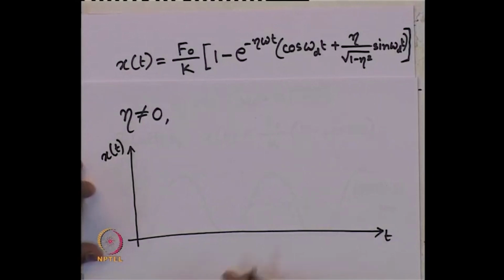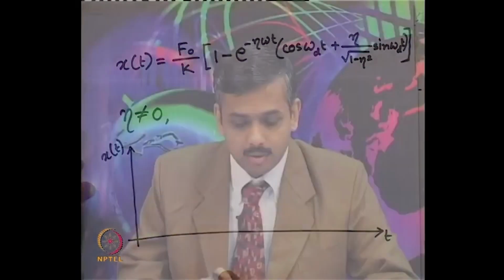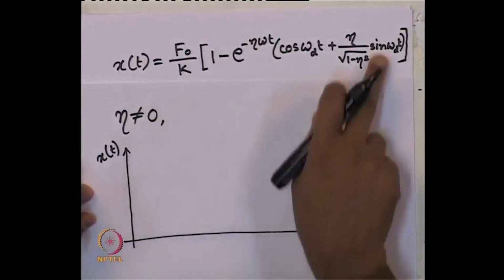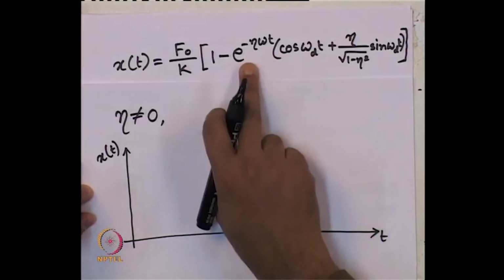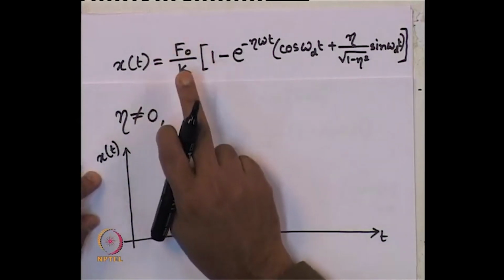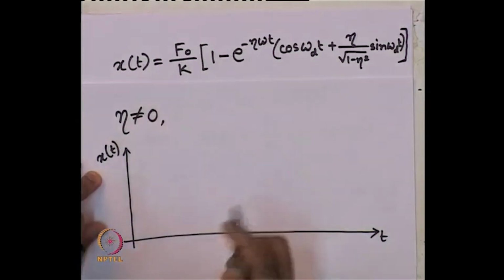We have seen from the previous solution, it oscillates about the central line, which is having a displacement equal to the static displacement f naught by k. And in this case, if we look at the solution, it is a harmonic function, an exponential decay function, and a constant term. So, here also it should oscillate about this value of static displacement.